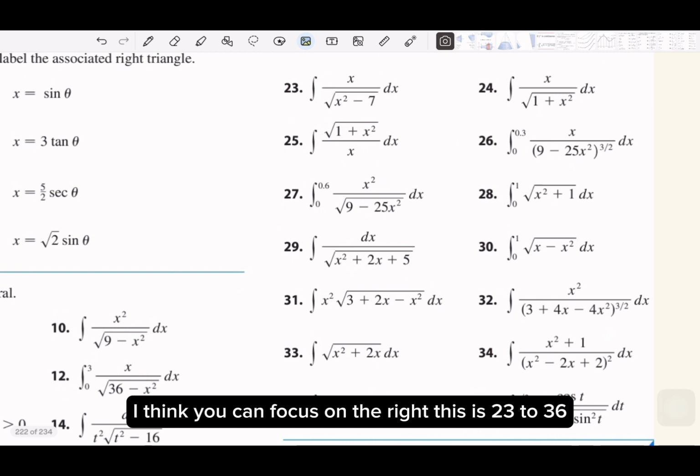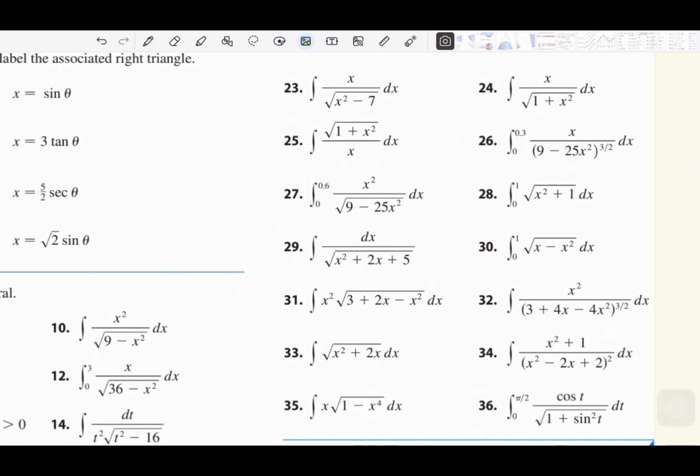I think you can focus on the right, this 23 to 36. Any idea which one?